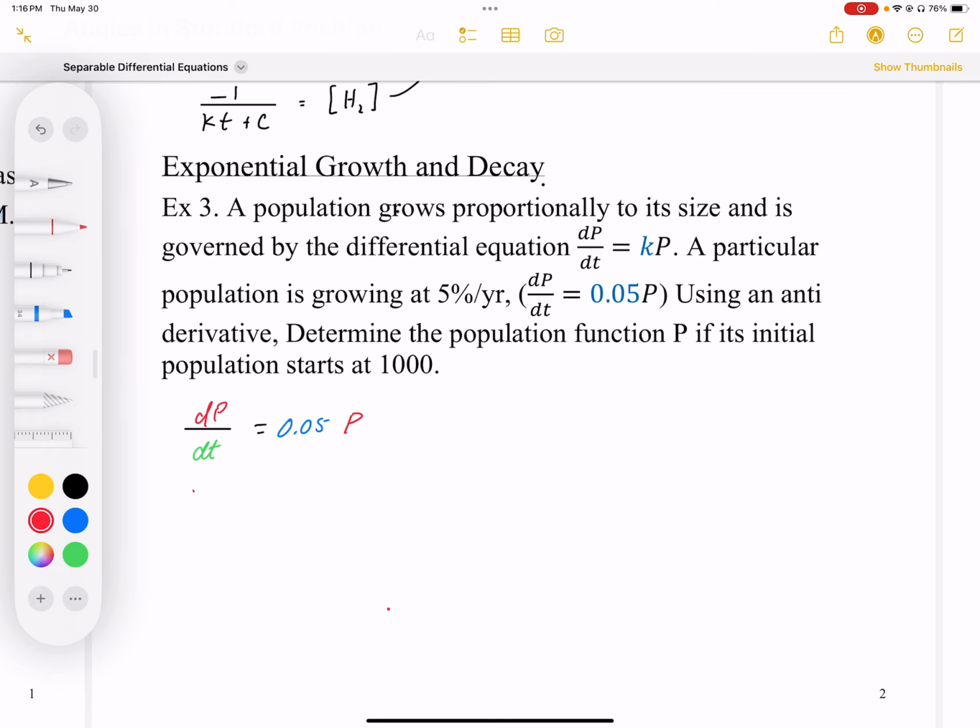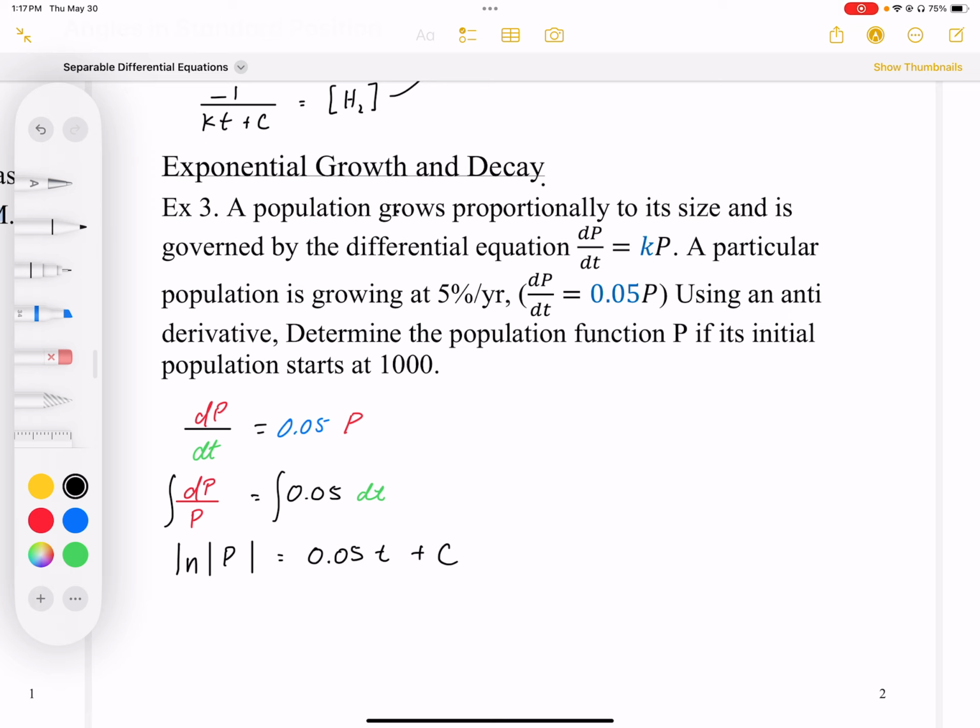And we're going to separate these variables. dp over p is going to be equal to 0.05 times dt. Okay, separating the variables, we then integrate. And this becomes an exponential problem because when we integrate this, we're going to get log of p, and we're going to have to undo that log with an exponent. So that's going to be 0.05 times our t value plus c.